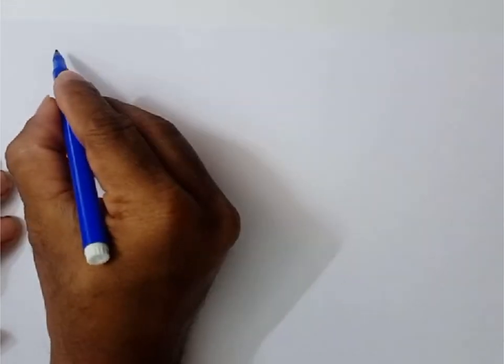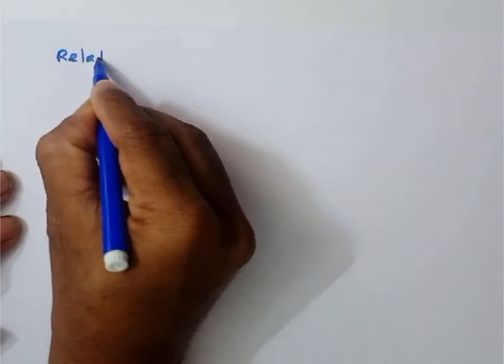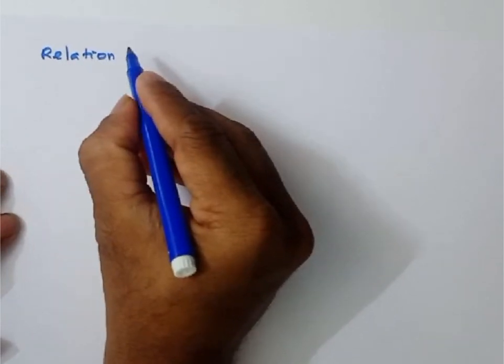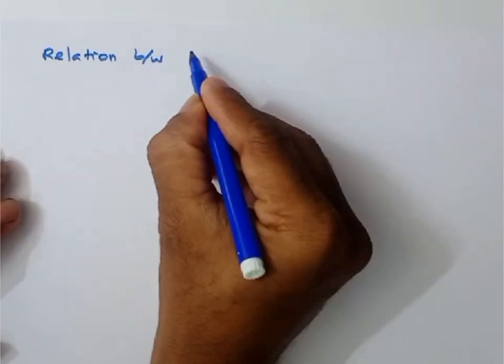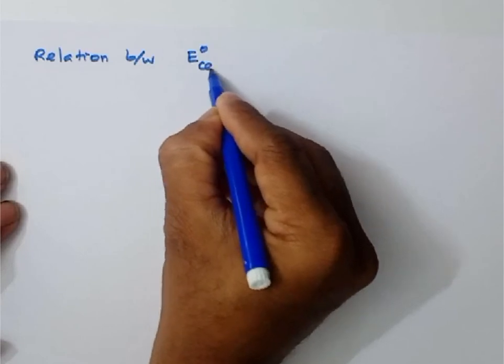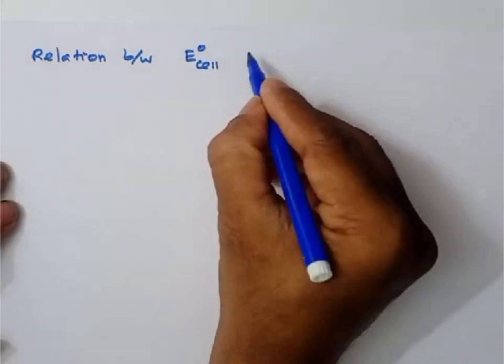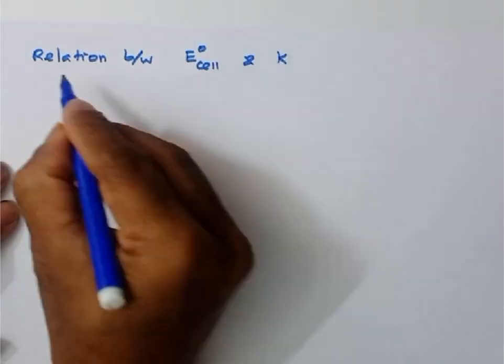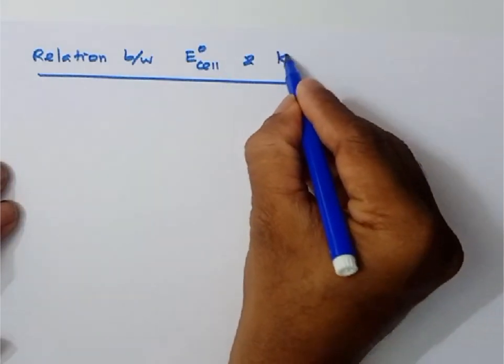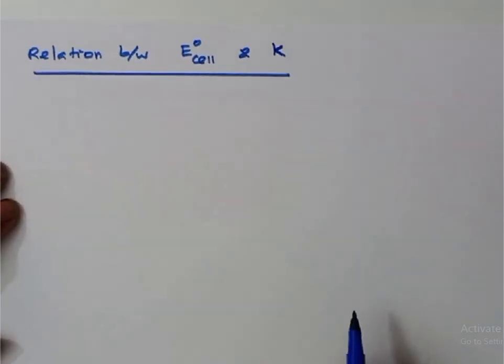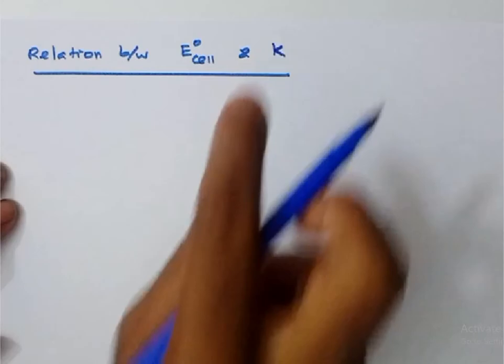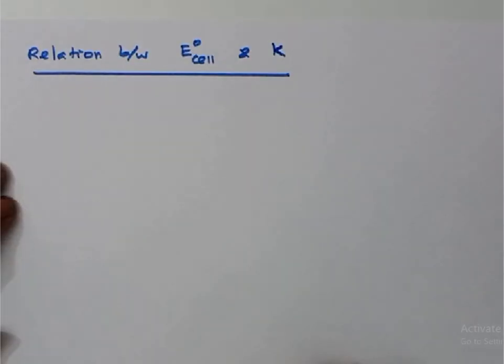The relation between standard cell potential E naught cell and equilibrium constant K, capital K, which represents the thermodynamic equilibrium constant. What is the relation between these two?